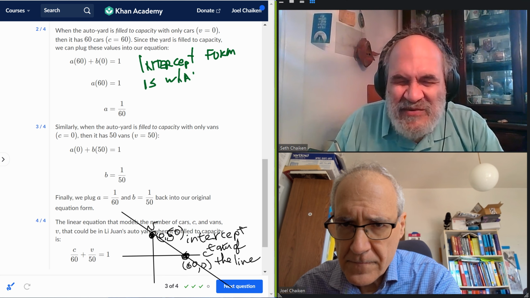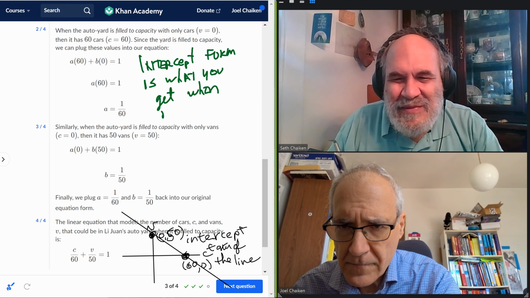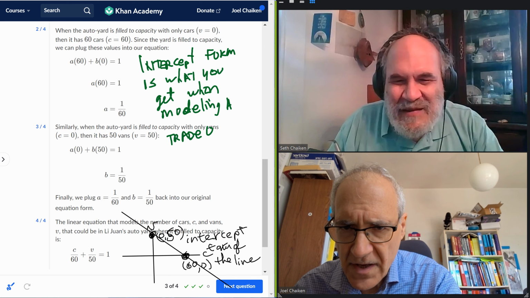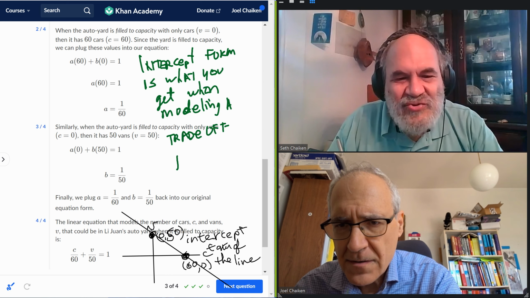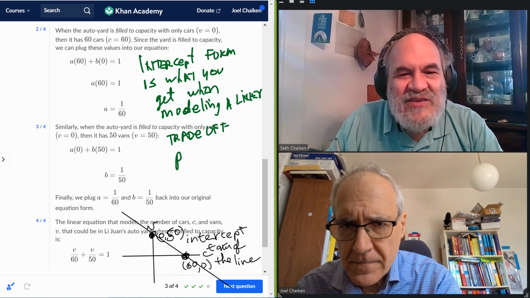The intercepts are points where one of the coordinates is 0, and the particular intercept is the value of the other coordinate. It's the extremes, maxing out on one or maxing out on the other. So notice that that's in general.